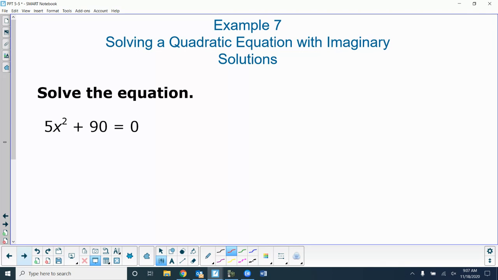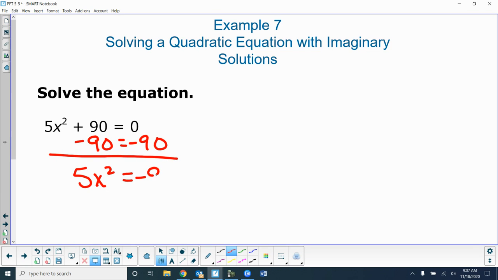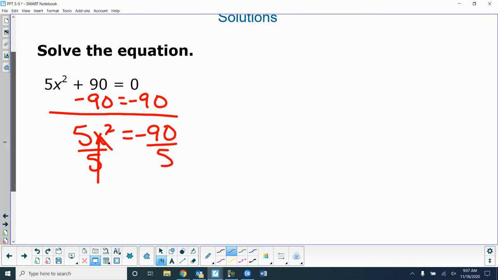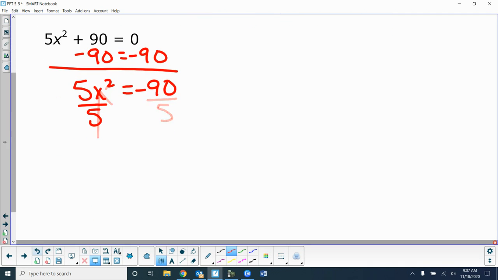What do we do first? Move the 90. Then what? Divide by 5. So what's that? Negative 18? Isn't that negative 18? Someone check with me? All right, then what?